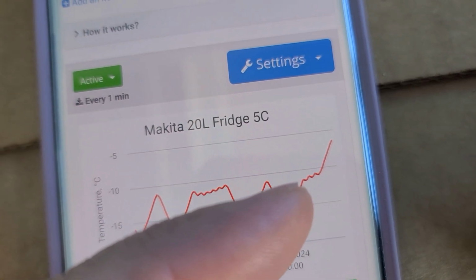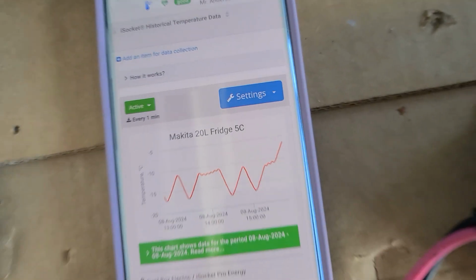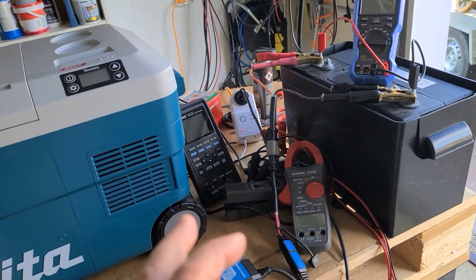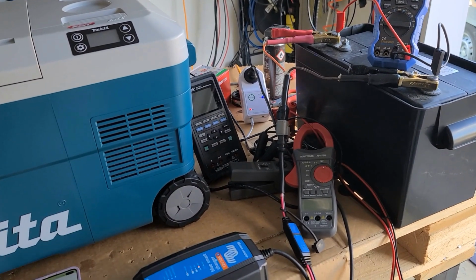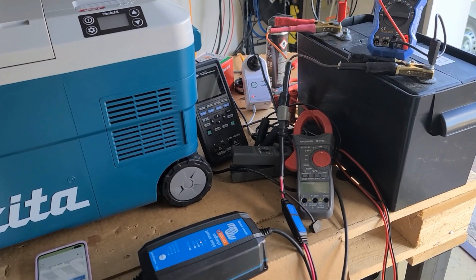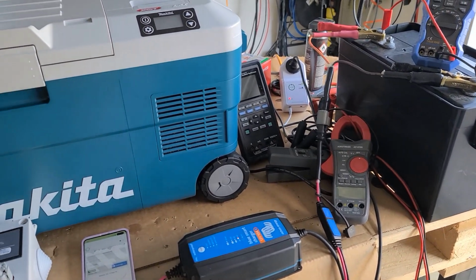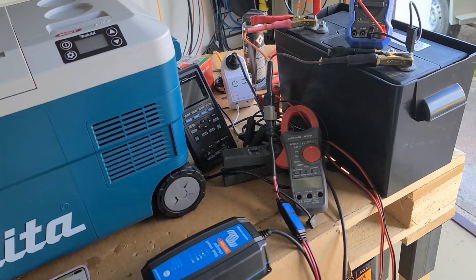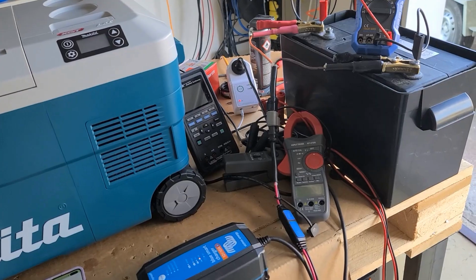And here I already switched it off. That is really nice to analyze compressor failures of fridges or freezers. And you can watch the full video about testing of this Makita and this Chinese fridge and refrigerator on my channel, Fridge and Freezer.